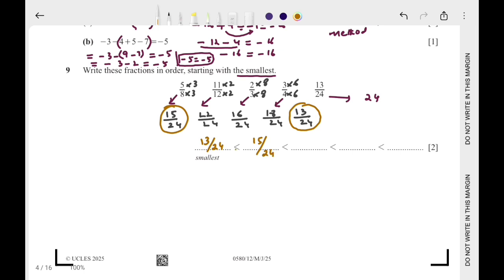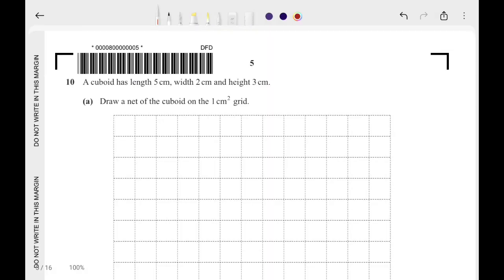And then 16 over 24, it should be written here. Then 18 over 24, and lastly 22 over 24. In this way we can arrange.